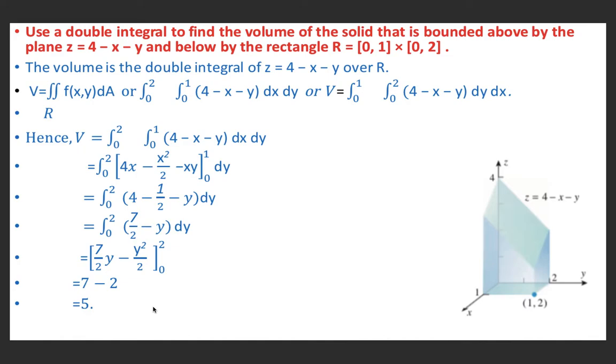So we have calculated the volume of the solid that is bounded above by 4 minus x minus y and below by this rectangle where y varies from 0 to 2 and x varies from 0 to 1, and this is nothing but 5. You may also use this formula.